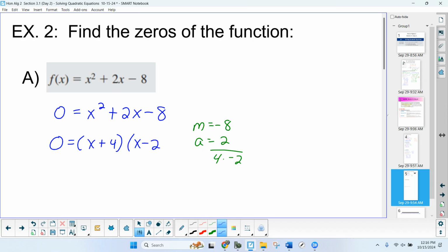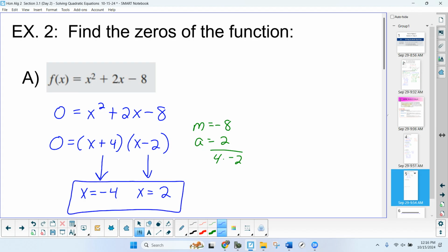Now, you can set each of these factors equal to 0 and show that you subtract 4 and show that you add 2. But I would guess at this level, many of you are just going to come here and say x is what? And here you're going to say x is what? Are you guys good with how I'm doing that without showing work? Okay. Any questions on A?